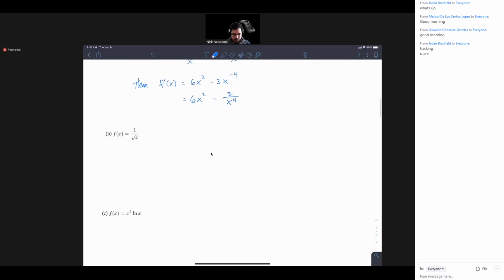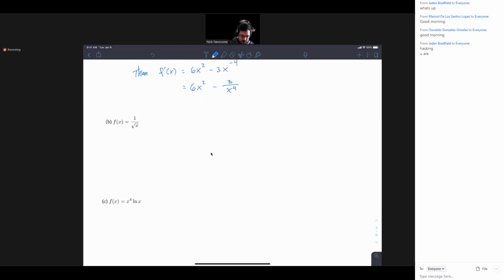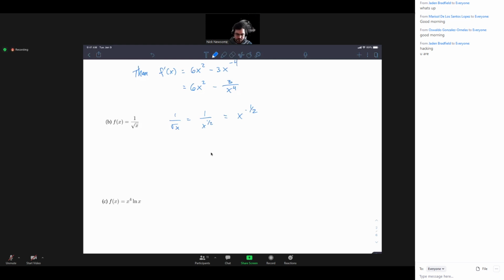All right, move on to part B. Okay, now that we've done all of our useful things, I can ask, can I write this function in a better way? And the answer is, of course. Square roots really just mean fraction exponent. And then I can just flip it up and make it a nice, happy power rule again.